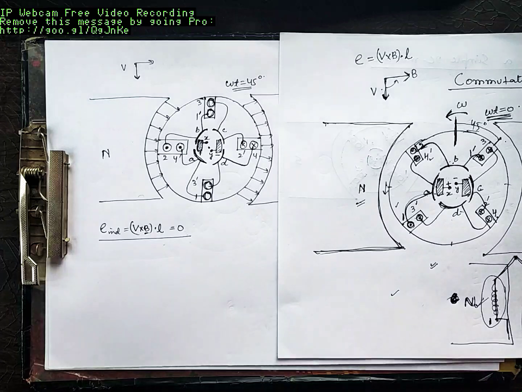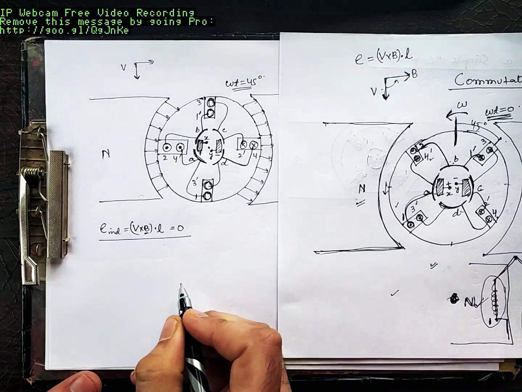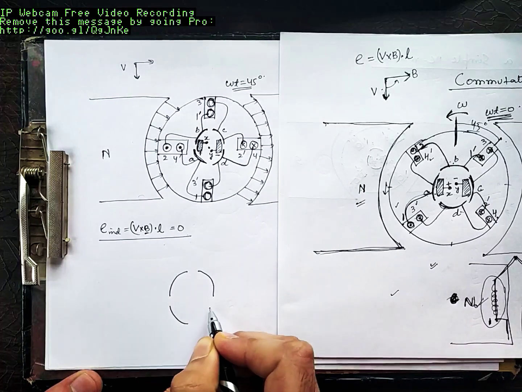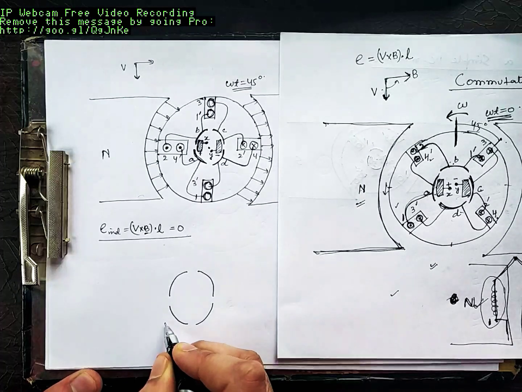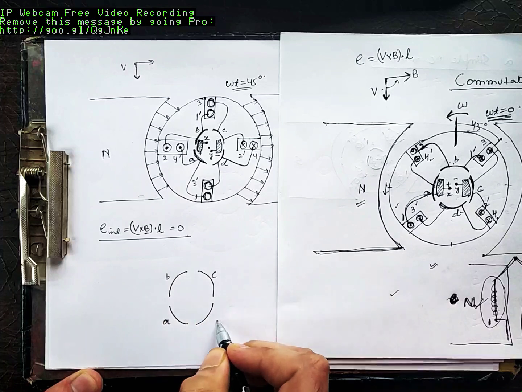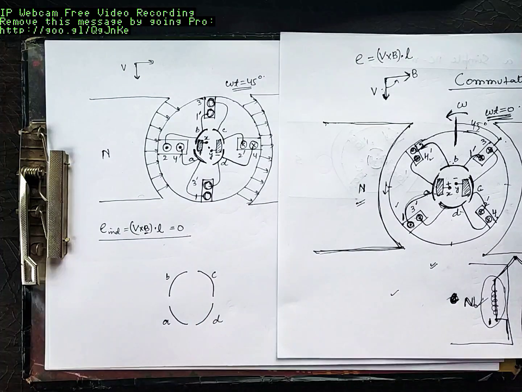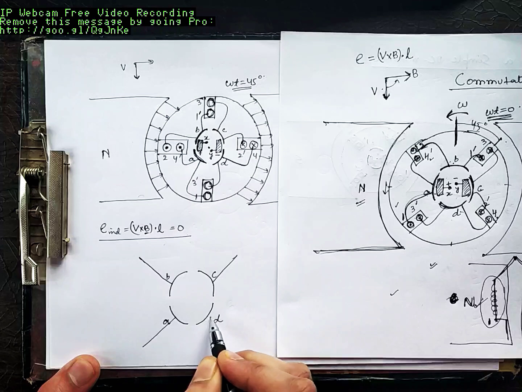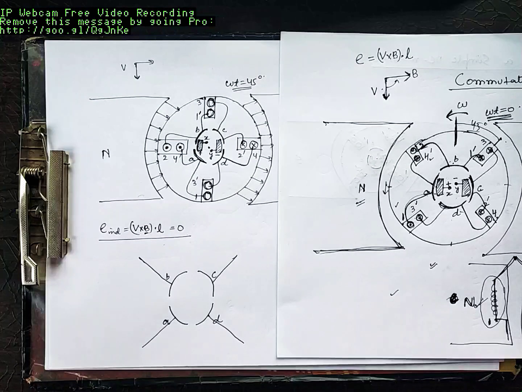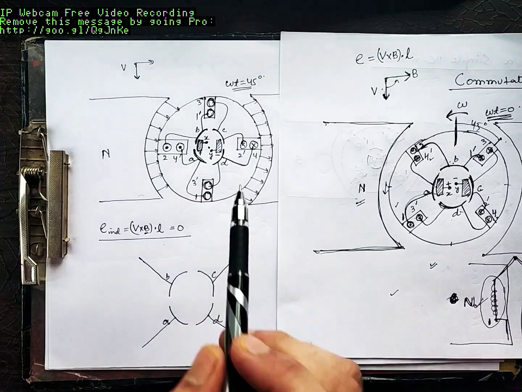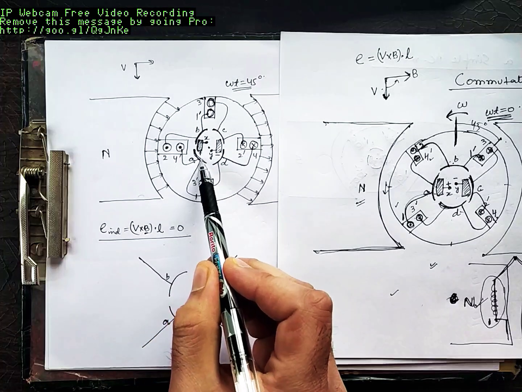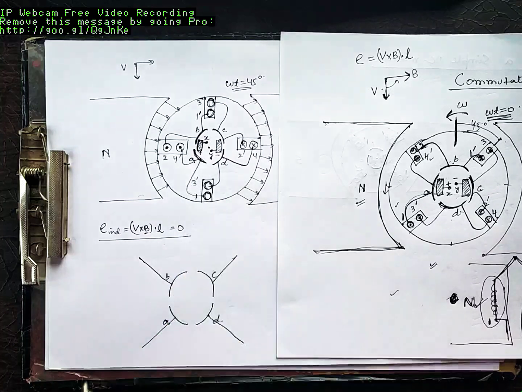If I again draw the circuit diagram, what we will get is: this is A, this is B, this is C, this is D. We already know to commutator segment A, two sides are connected, 4 prime is connected and 1 is connected.